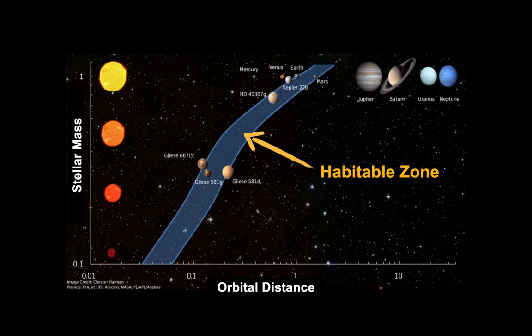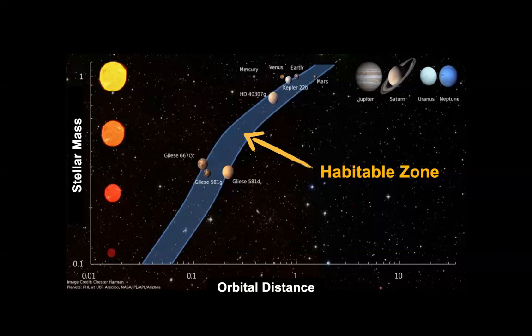Okay. So this plot here, these are different stellar masses on the y-axis. So here we go, we have the sun sort of near the top, and then lower masses down to about 10% the mass of the Earth. And then on the x-axis, we have orbital distance, excuse me. And then this shaded band is the so-called habitable zone.